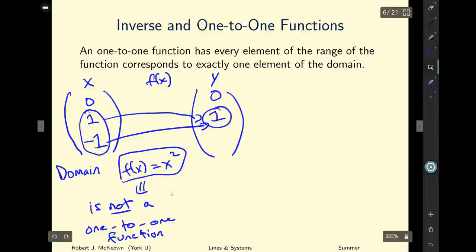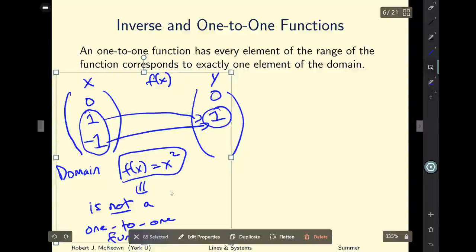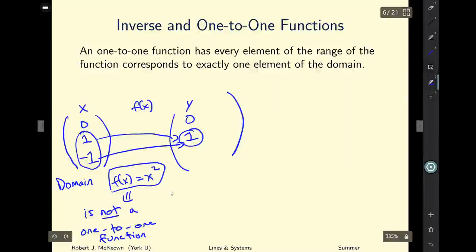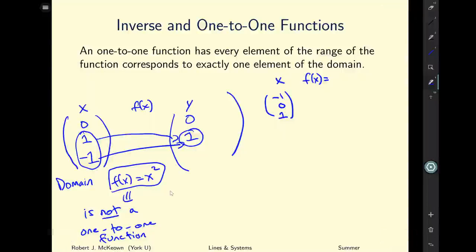Now let me see. I could write a one-to-one function, which is just f of x is equal to x.